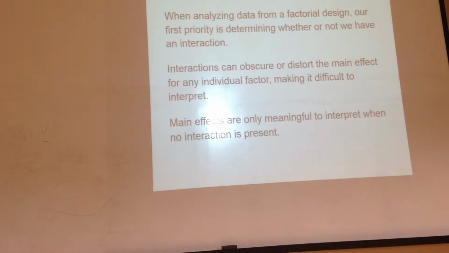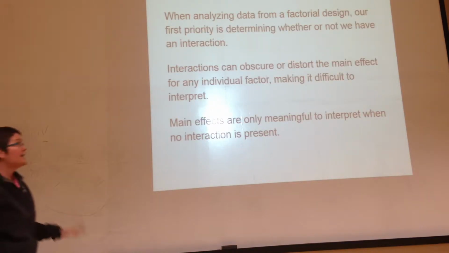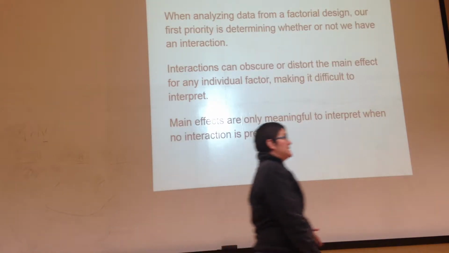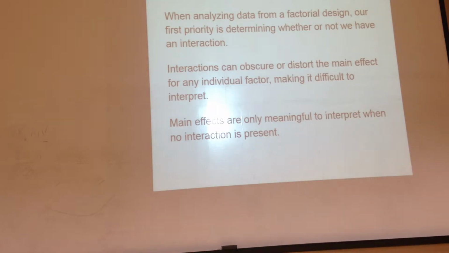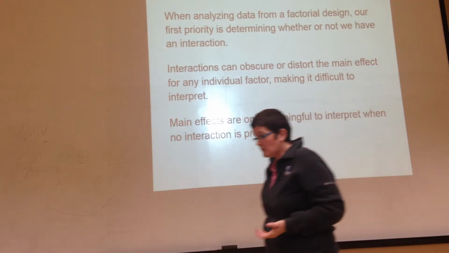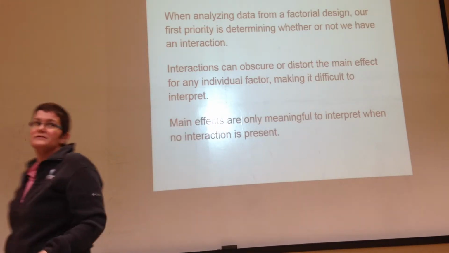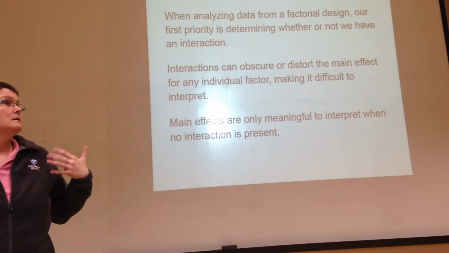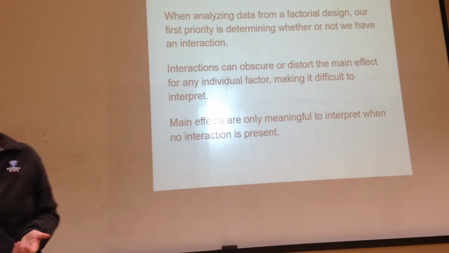So what I want you to remember is that when we're analyzing data with the factorial design, what we care about most, what we have to think about first, is whether or not it looks like there's an interaction. And that's because the presence of an interaction can obscure or distort main effects. Now, if we're pretty sure we don't have an interaction, we're going to go after those main effects and interpret them vigorously.